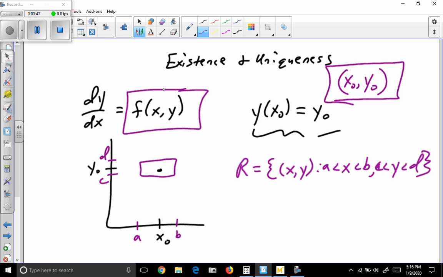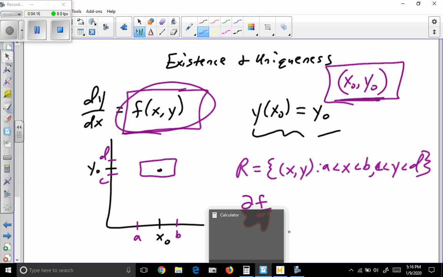So we would check our function, whatever dy/dx equals, and we would plug in our point to see, is it continuous for that particular function. But it has to not only be continuous for it, it also has to be continuous for the partial of that function with respect to y.